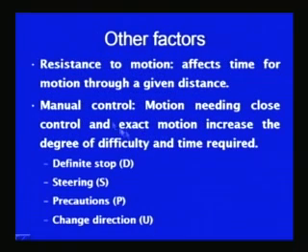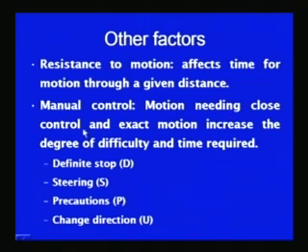Other factors with respect to which the job is analyzed are the resistance to the motion, which affects the time required for performing the motion through a given distance, and the manual control which is required also affects the time required for performing the motion.